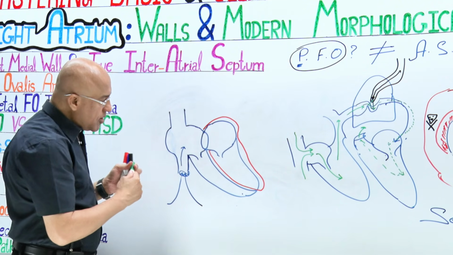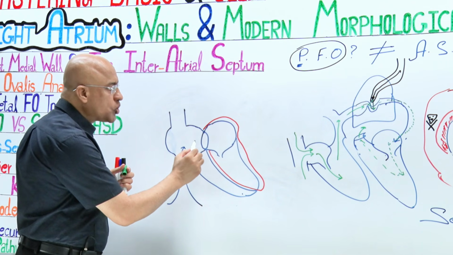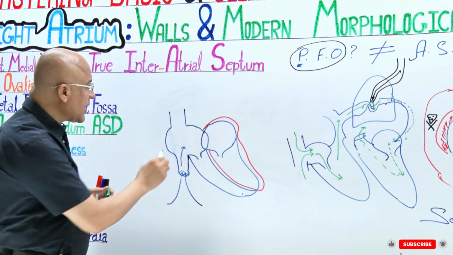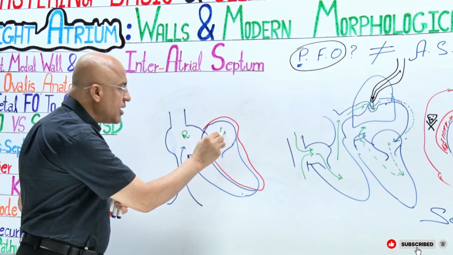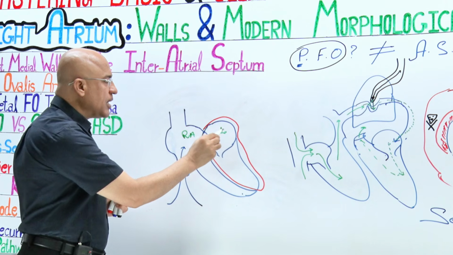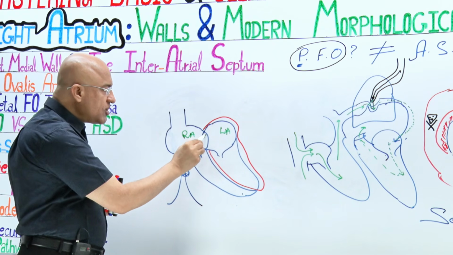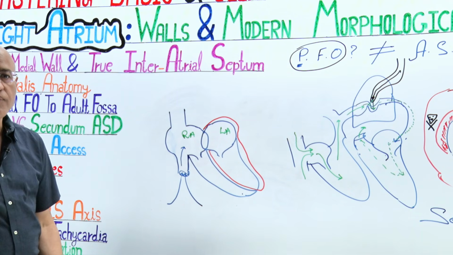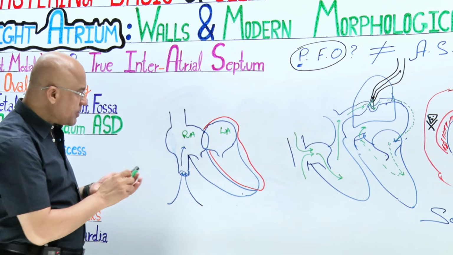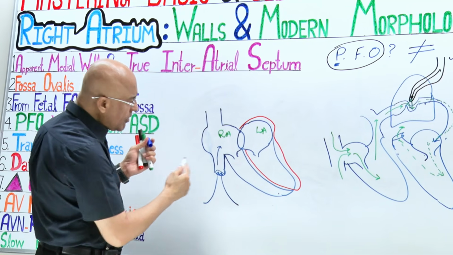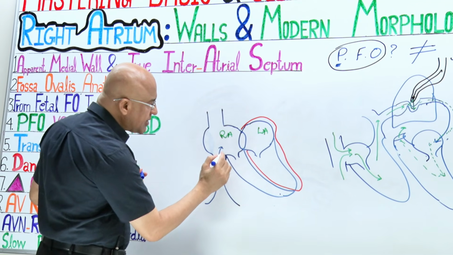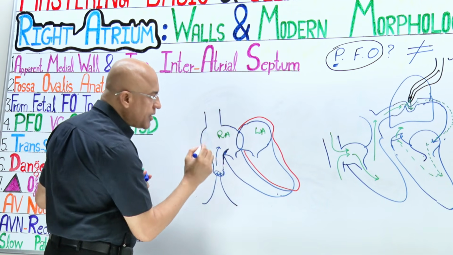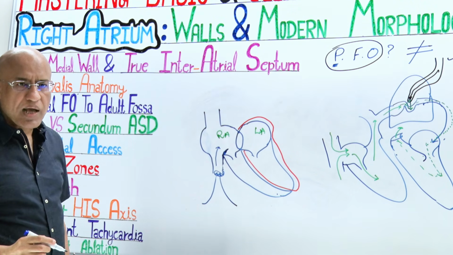So how does it happen? In the fetus, primarily, there is a shortcut for the blood. There is a special window between the right atrium and the left atrium, and this window is called the foramen ovale, right? The inferior vena cava has a special valve-like structure here, which we call the Eustachian valve.